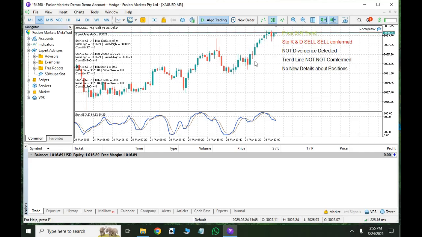Let's check one by one how we code these conditions. You can see here I set five labels: one for price details, and K and D value details, divergence details, trend line details, and position details.